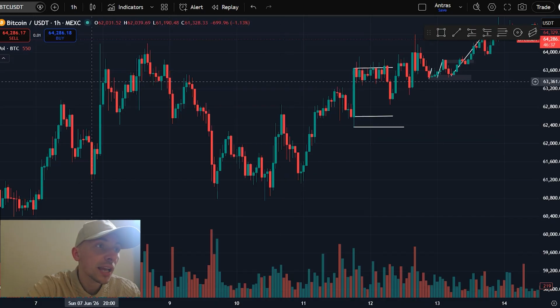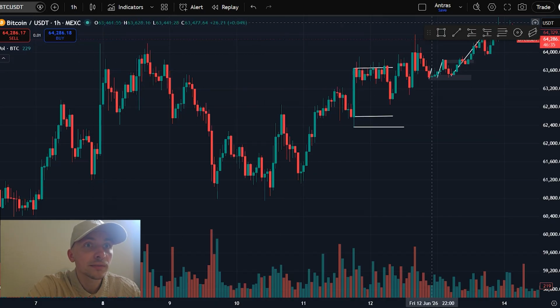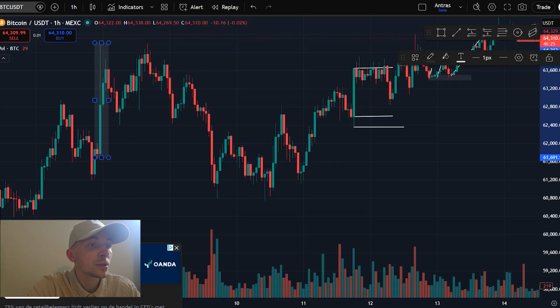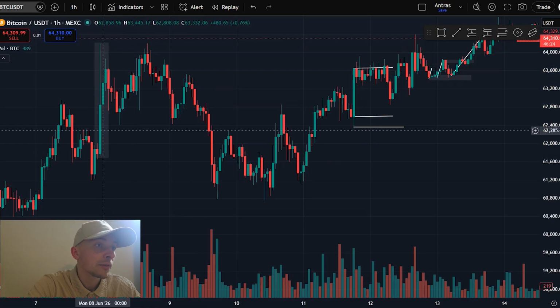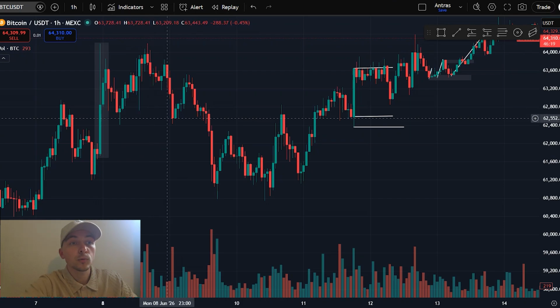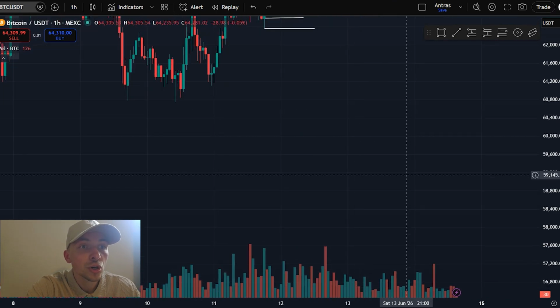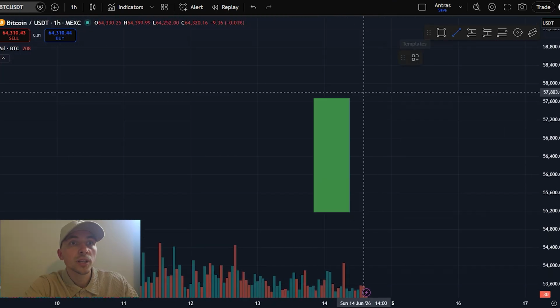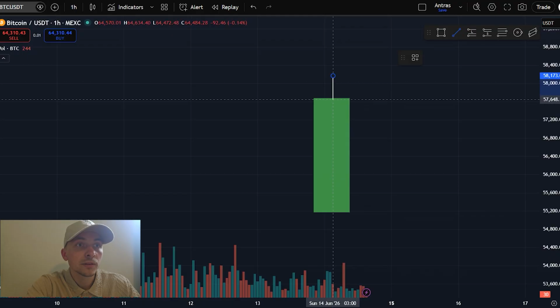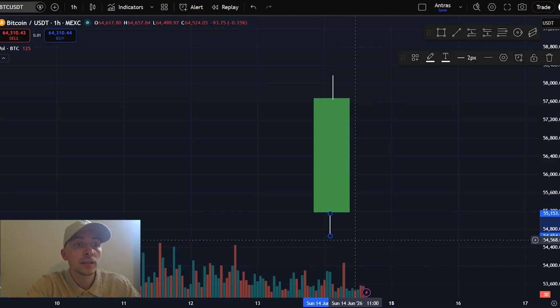There are green candles, and there are wicks. For example, here we have a huge green candle with the body and also the wick. Let me show you a visual example. We have a green candle, with a wick here and a wick here.